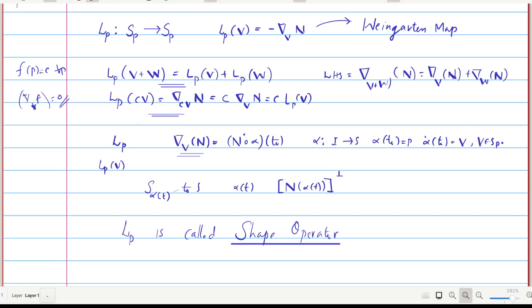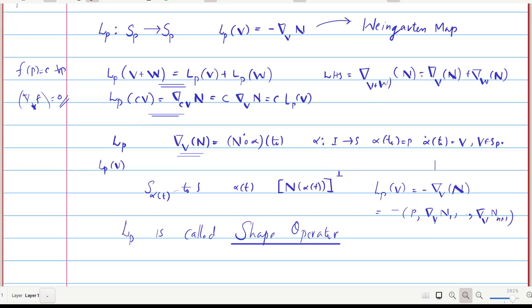You also need to note how to evaluate this minus ∇_V n. That means this L_P of V is equal to minus ∇_V of n. This can be calculated using the formula: minus, at the point P, the ∇_V n_1 up to ∇_V n_{n+1}, using the components of n. So these are the components of this normal vector field n.